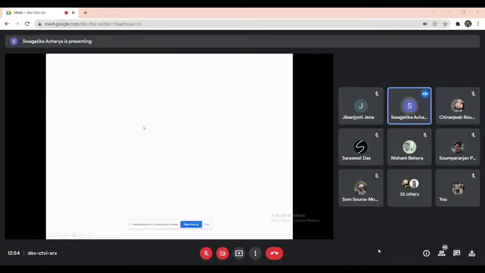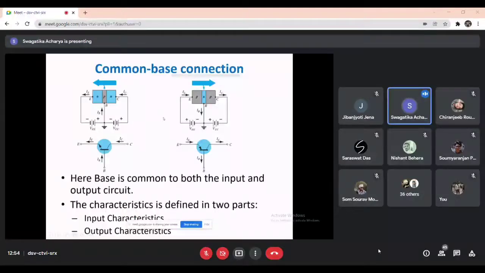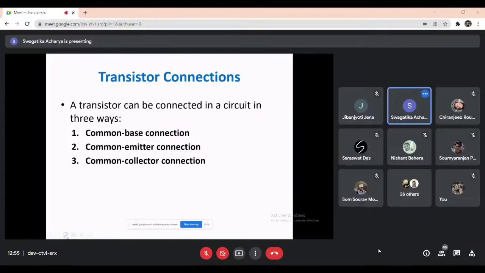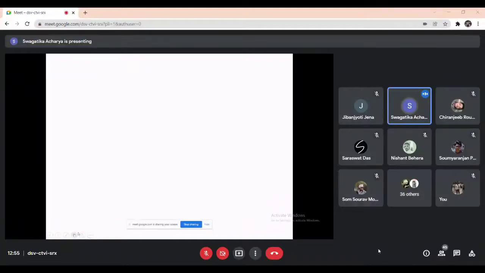Let's take the transistor first. As someone has already told, a transistor consists of 3 terminals, right? It is a 3 terminal device, and you can say a transistor consists of 2 p-n junctions. Two p-n junctions. Why 2 p-n junctions?